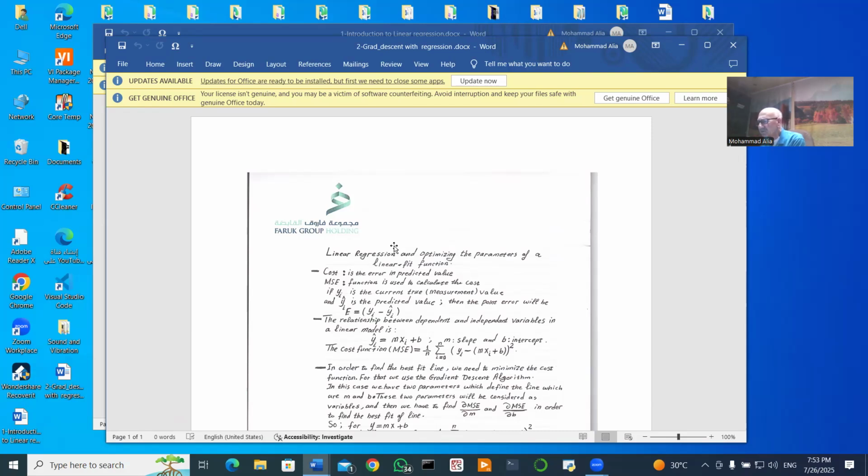For this function, which is usually a convex function, we use the gradient descent method in order to find the minimum value, and consequently to define the coefficients m and b for this minimum value or for this best fit.